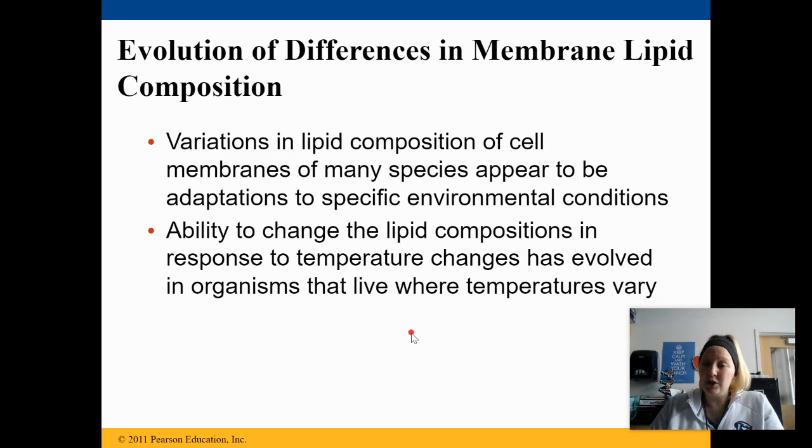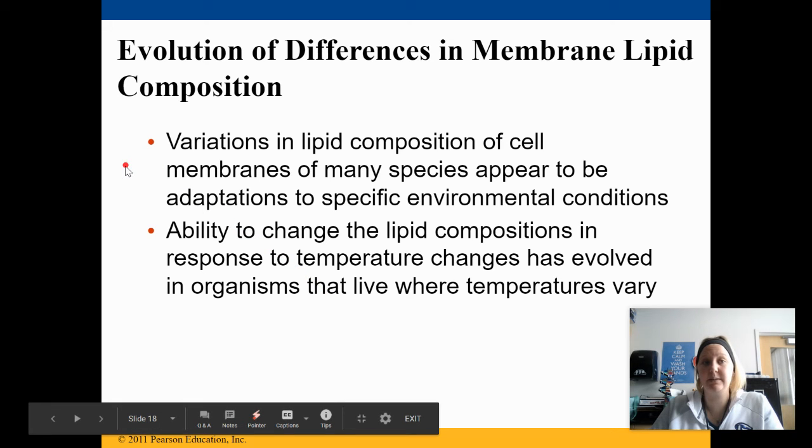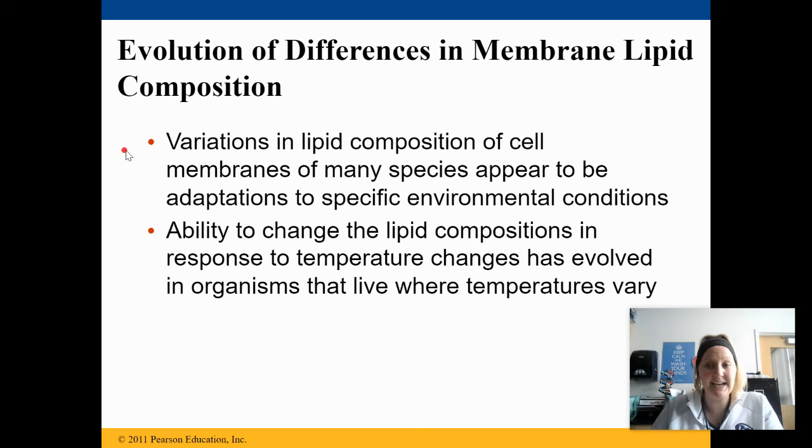There is an evolutionary significance to the different types of lipids that are inside the membrane. Variations in lipid composition of cell membranes appear to be an adaptation to the specific environment. Where we live, we have more of an adaptation to our cell membranes becoming more and less fluid throughout the seasons.